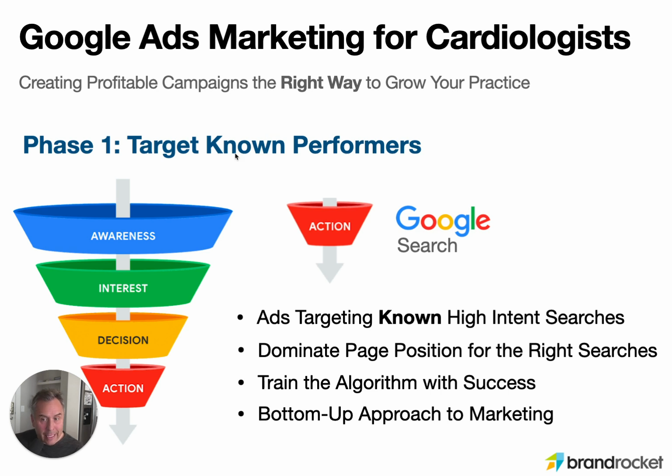You start seeding the algorithm with real signals that signify value to your practice. And you can start using those signals to walk backwards, walk up through the funnel, and start deploying campaign types that have broader reach. And that's where you get into the magic of Google Ads scaling. So you start very small and then work your way backwards.